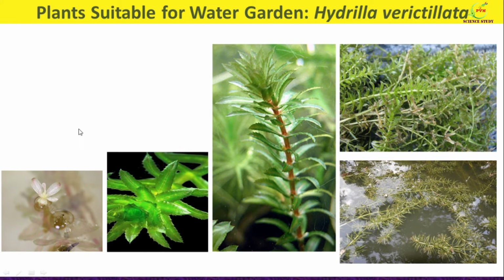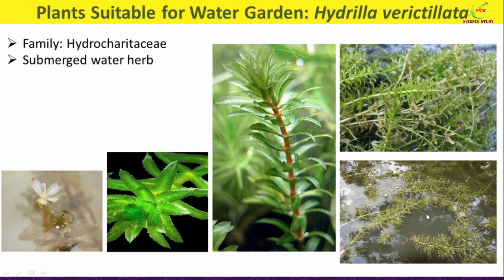Next is Hydrilla verticillata, and here you can see very beautiful photographs of Hydrilla plant. It is belonging to family Hydrocharitaceae. As you can see here, it is a submerged leafy freshwater shrub forming large masses. This is the stem of Hydrilla plant.